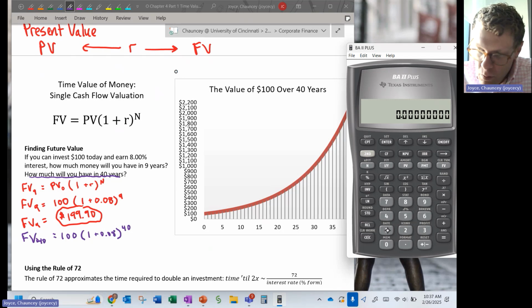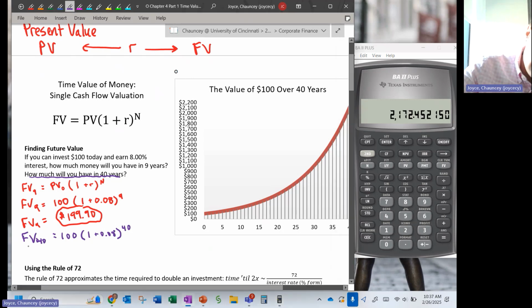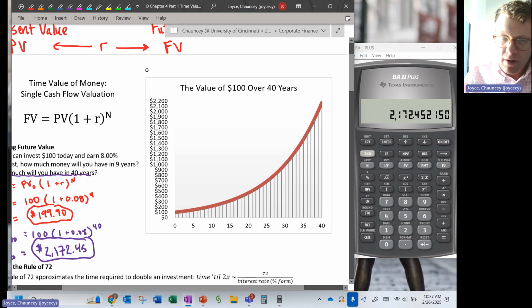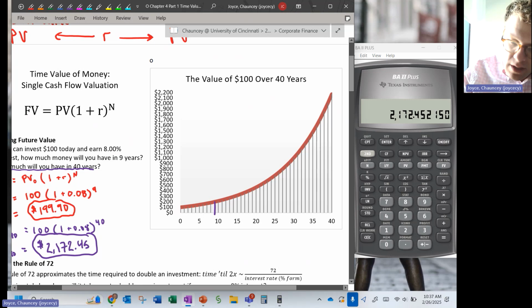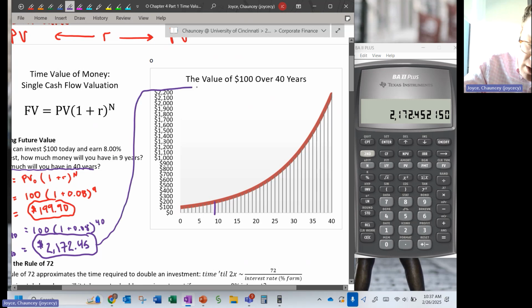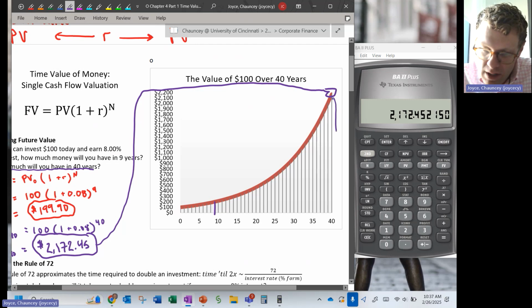We'll enter this in, 1.08 y to the x 40 equals, that's your future value factor, and then times 100 equals $2,172.45. So I've graphed that for you so you can see the power of compound interest here. It roughly is doubling every 9 years or so. And our final answer over 40 years, a single $100 saving is worth $2,172 over 40 years. That's pretty cool.